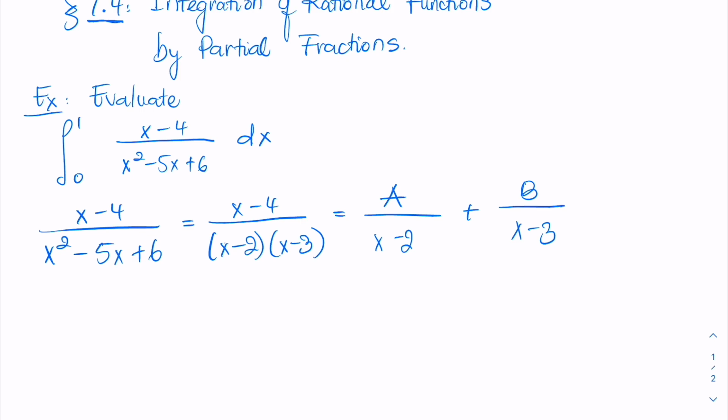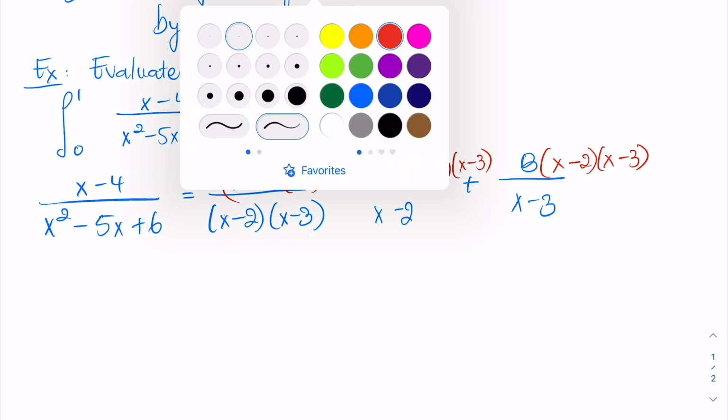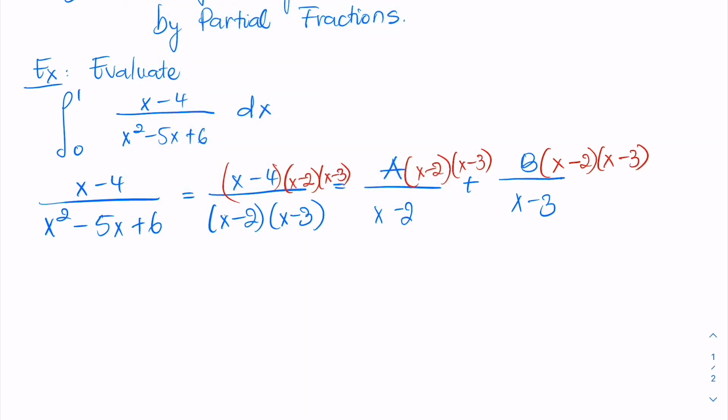Now we're going to multiply everything by the LCD, which is x minus 2, x minus 3, because we want to get rid of the fractions. So we end up with x minus 4 equals A(x minus 3) plus B(x minus 2).